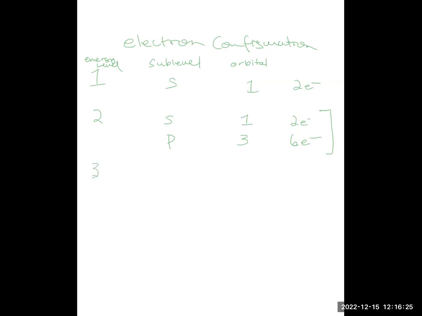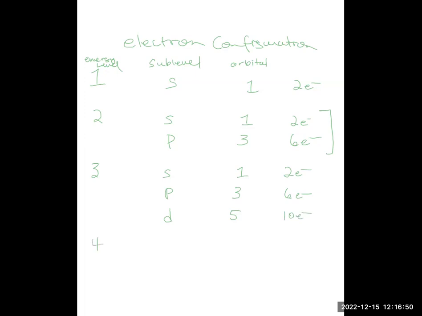Then we go to the third energy level, and we have S, P, and D sublevels. S still has just one orbital. It still holds only 2 electrons. P still has 3 orbitals. It can hold up to 6 electrons. D, as you might imagine, has 5 orbitals, and that can hold 10 electrons.